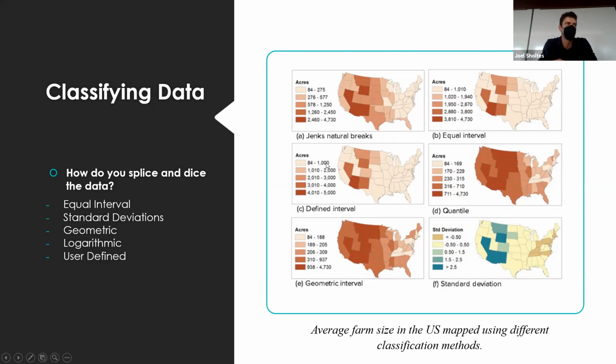Defined interval is, well, this is kind of weird. The legend's kind of hard to read. I want to just do it by thousands. So I'm going to go 84 to 1,000, 2,000, 3,000, etc. Quantiles, that says, okay, let's look at the distribution of data. And in this case, we have 1, 2, 3, 4, 5 groups.